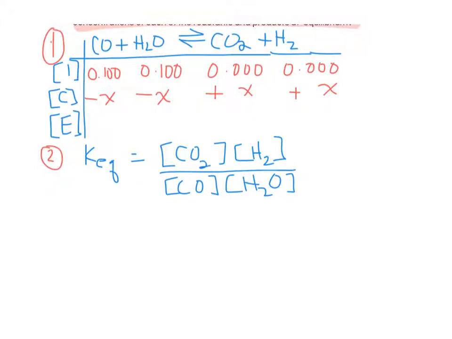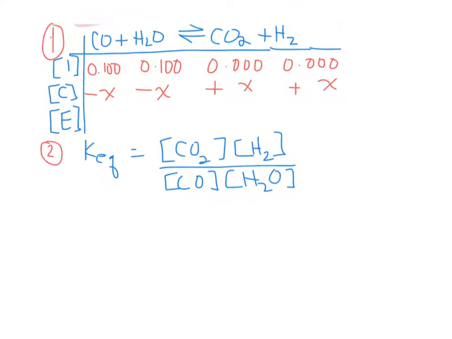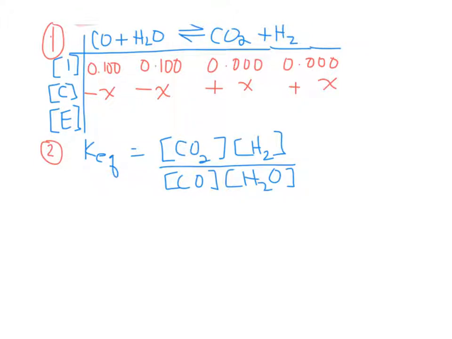And the thing is, now I actually have a KEQ value. It's 4.06, so I'm going to substitute that in. I'm also going to substitute in all of the expressions that I have for products and reactants.